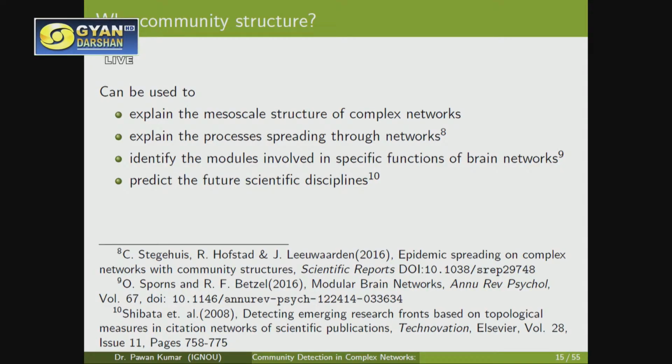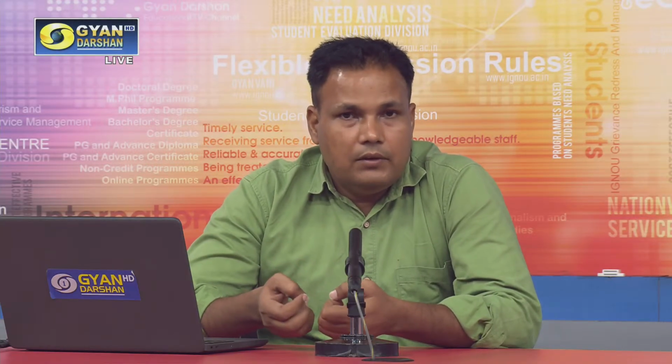Now, why is it needed to study community structure? There are many reasons. First, when you look at a network, there are 2 ways. Either you can look at the individual node level, at the bottom level, where you can study individual node degrees, degree distributions, and strengths in case the network is weighted. Or you can look at the network from the top level, and study how many nodes and edges there are, what the clustering coefficient is, what the diameter is, and so on.